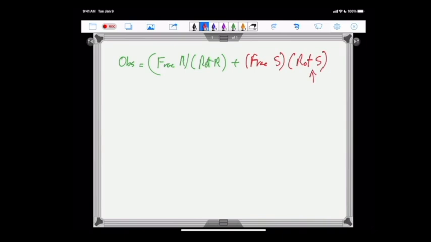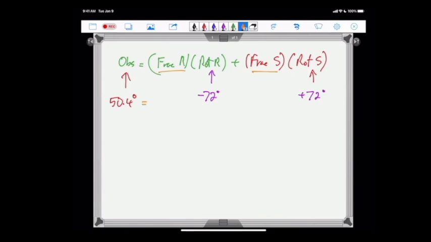We know the observed value was equal to 50.4 degrees. We also know the rotation of the R was equal to minus 72 degrees. That means the rotation of the S must be plus 72 degrees. The two unknowns we're dealing with are these values, the percent of each of them.